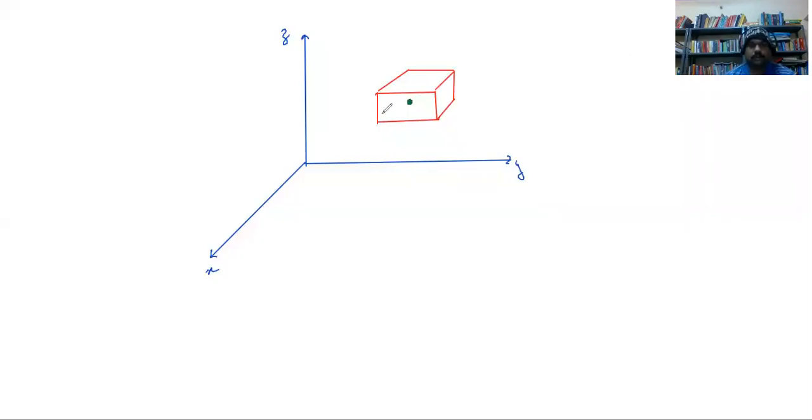So we have a volume element like this with this as delta X, this as delta Y, this as delta Z. So this is your dV.